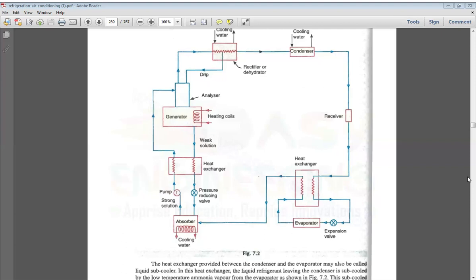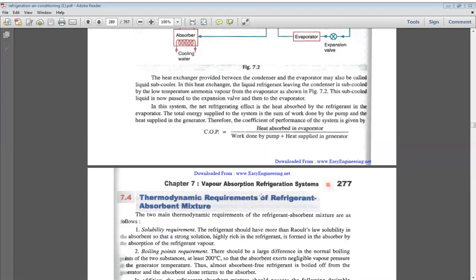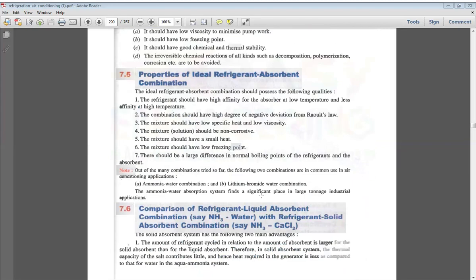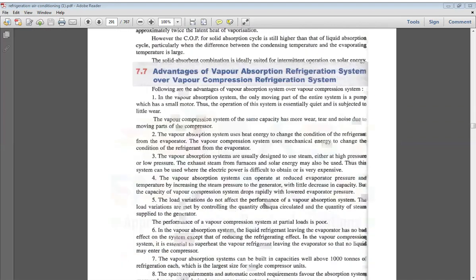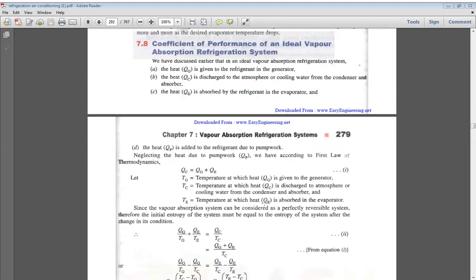So here we are mainly focused not only on the cooling system. We mainly focus on the heat input to the generator and maximum cooling effect.